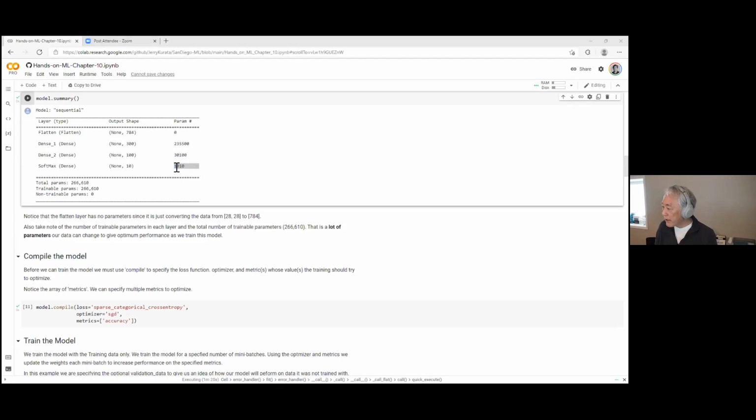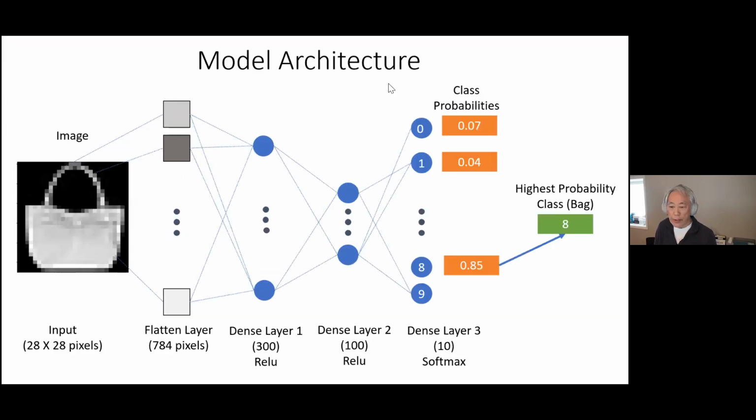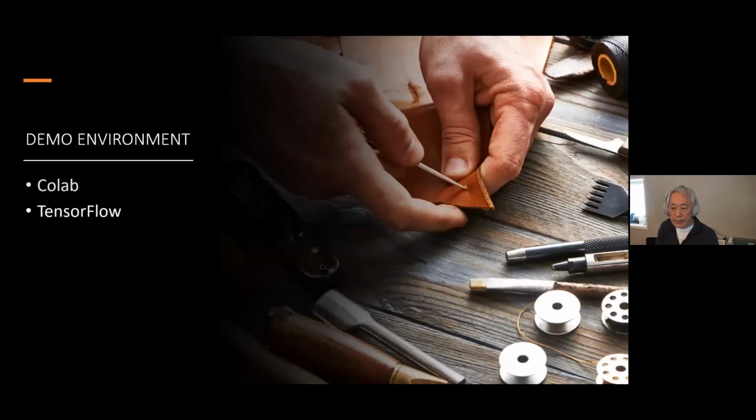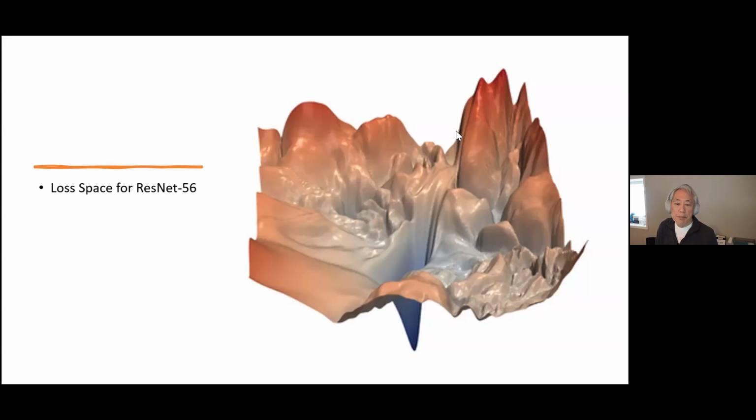This is our model, but this space here, it's exploring this space, figuring out how to get to the point that's going to give me the lowest error. It takes a bit to do that.